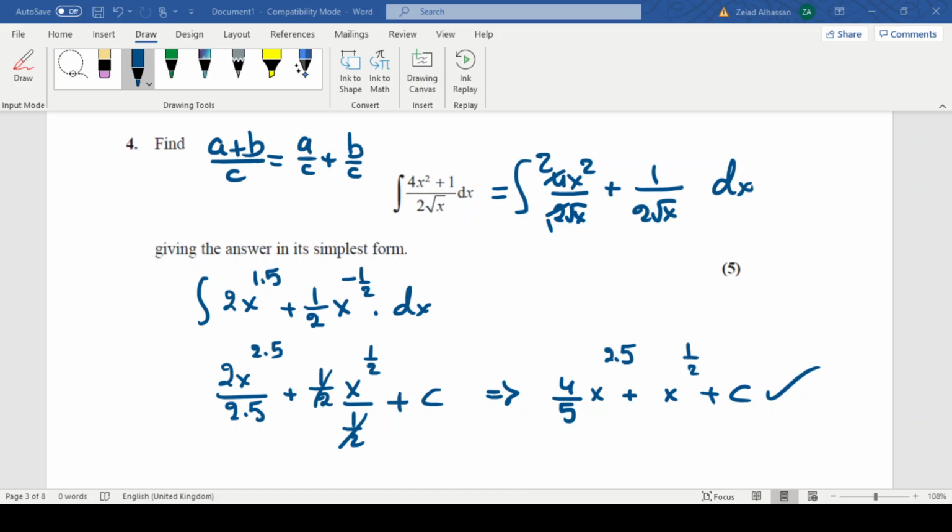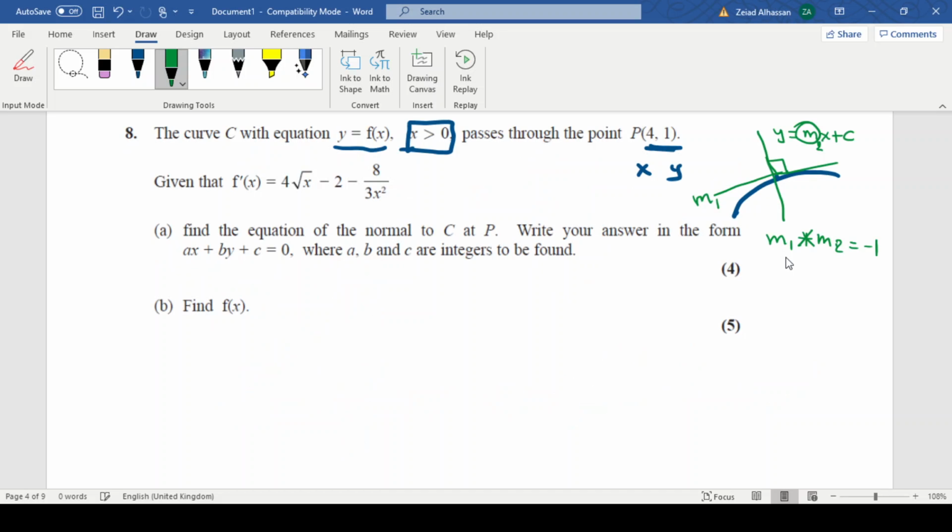If I say these are m1 and m2, we have m1 times m2 equal to -1. So finding the gradient of the tangent first, then the gradient of the normal secondly, we can find the equation of the normal.